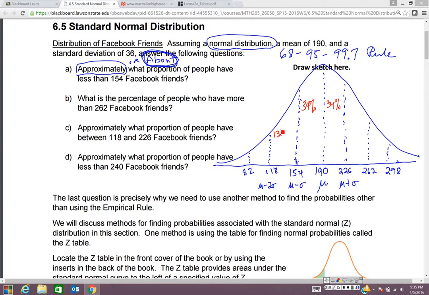13.5% of the data will fall between one standard deviation and two standard deviations, so 13.5. Then you have, if you want to break it down even further, it's 2.35%. And 0.15% here.